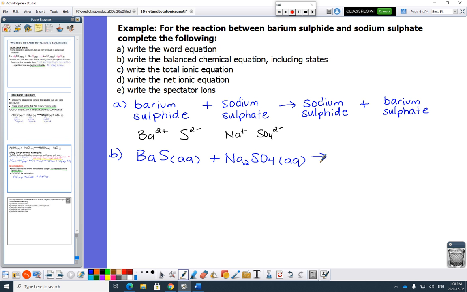Which will help us here. Alkali ions are soluble. Sodium sulfide, it's going to be the soluble one. And you've got sodium here, sulfide here, so you can just now cross them. Same thing with barium is 2 and sulfate is 2.